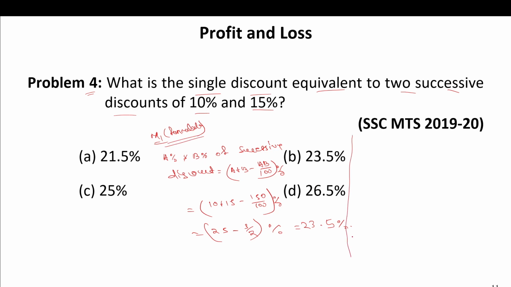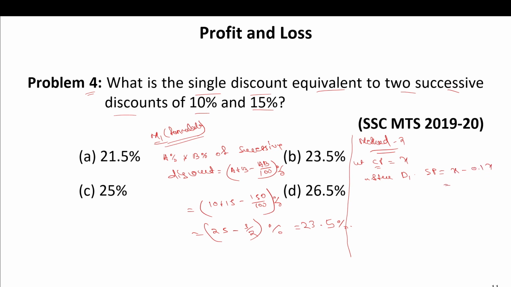So let's solve it using method 2. Okay. So using method 2, how? So first let CP be X. Okay. So after one discount of 10%, so after D1, that is discount 1, SP becomes X minus 0.1x, that is the discount amount.